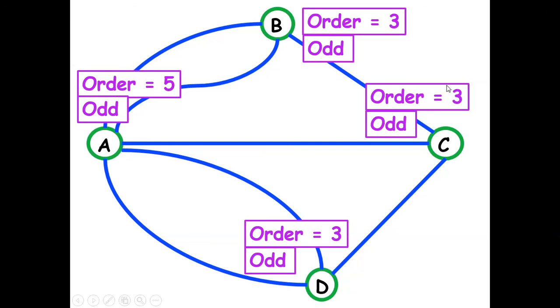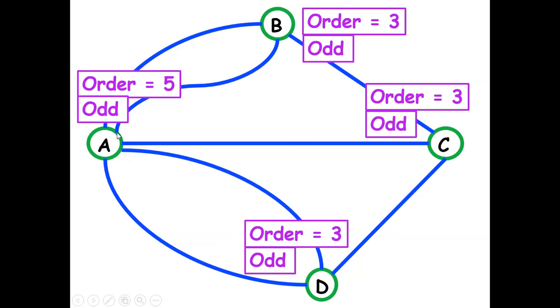So what I could do, for example, from node C to node D, is add another arc, going from node C to node D. If I add that arc, then node C would be of order 4, which is an even number, and adding another arc to D would make that order 4, also even. So nodes C and D would be even, and I've only got 2 odd nodes, and in that case the network would be traversable.